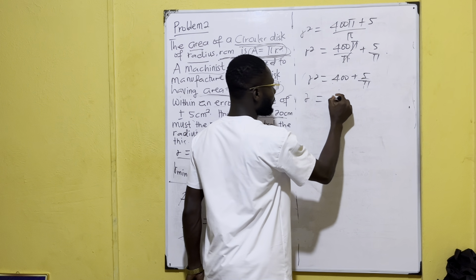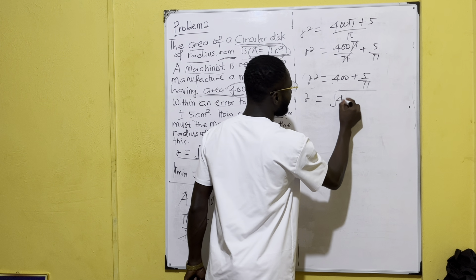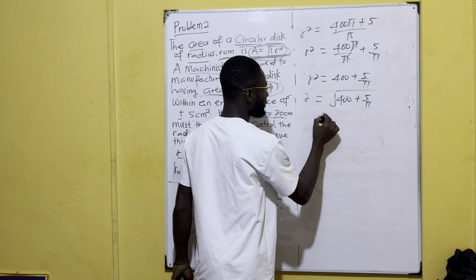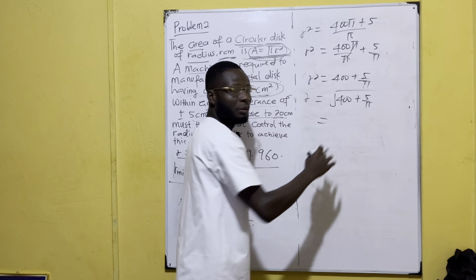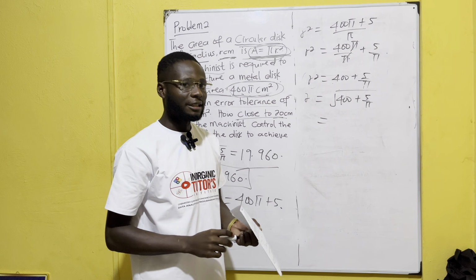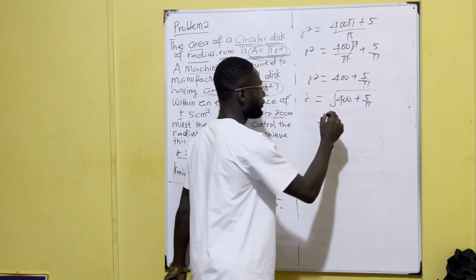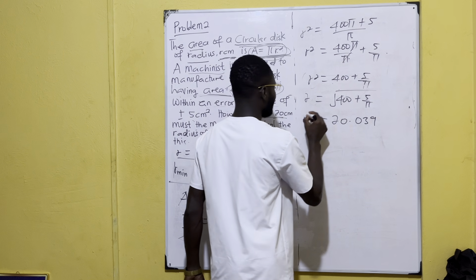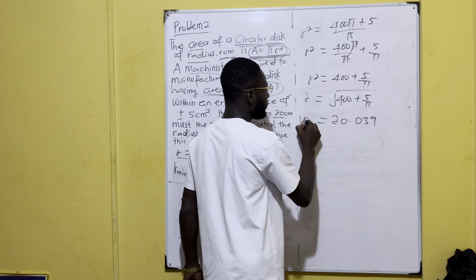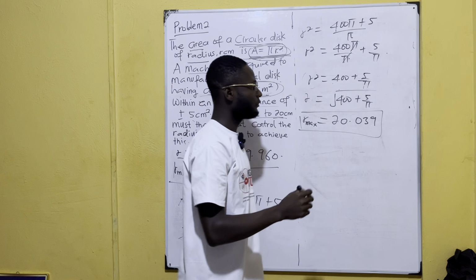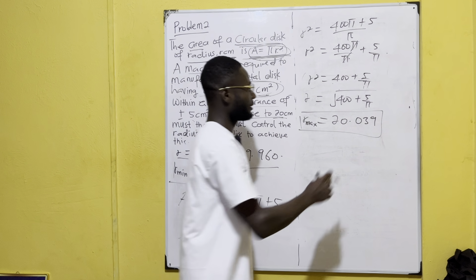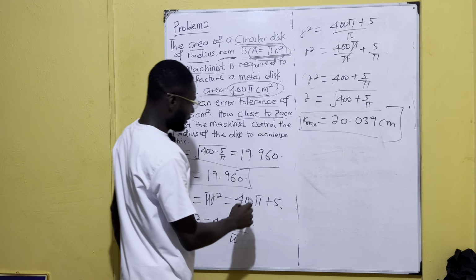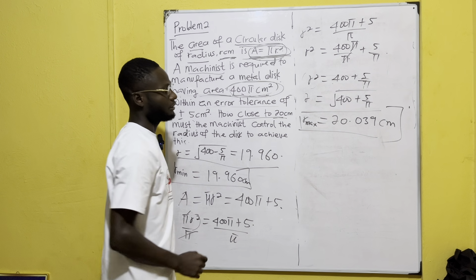Okay, so we have square root of 400 plus 5 over pi. And when you compute this nicely using your calculator, you're going to have 20.039. So this is the maximum radius, right? It should be in centimeters. This as well should be in centimeters.